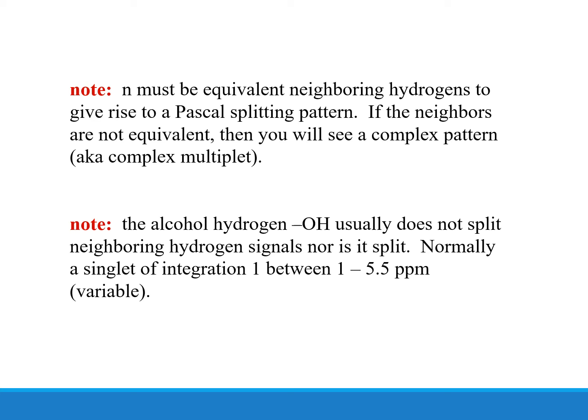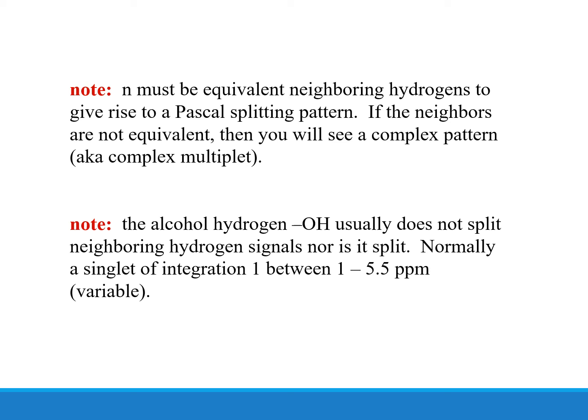Notice that if you want to use the Pascal splitting, you should make sure that the neighboring hydrogens are equivalent, and specifically for some hydrogens, for instance, the OH usually does not split, and is an exception to the Pascal splitting pattern.